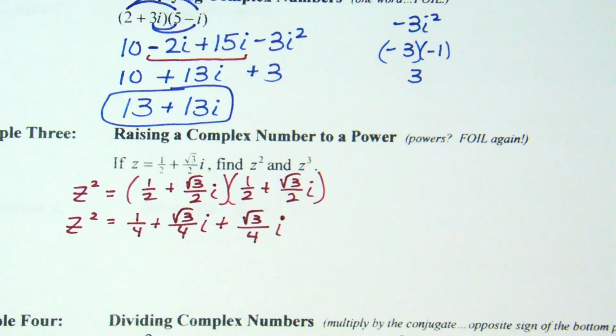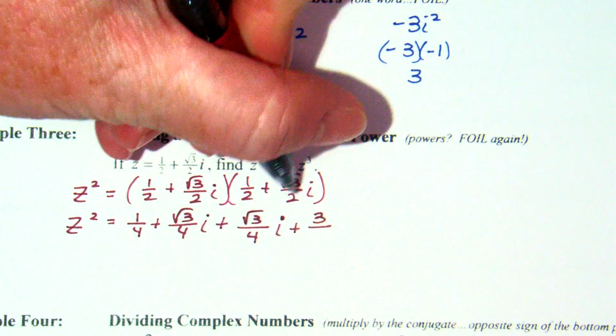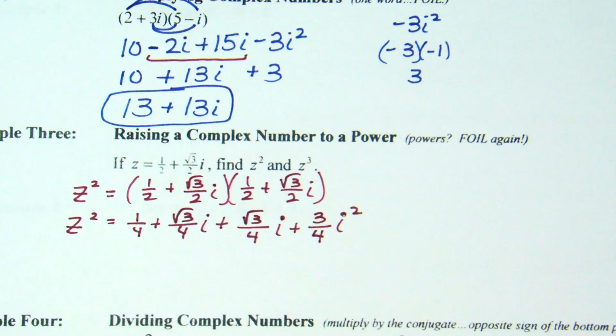Okay. We've got some cleanup to do. For right now, I'm going to leave 1/4 because 1/4 is the only constant I have for the moment. Radical 3 over 4i plus radical 3 over 4i. Let me make you think about it this way. 1/4 radical 3i plus 1/4 radical 3i.